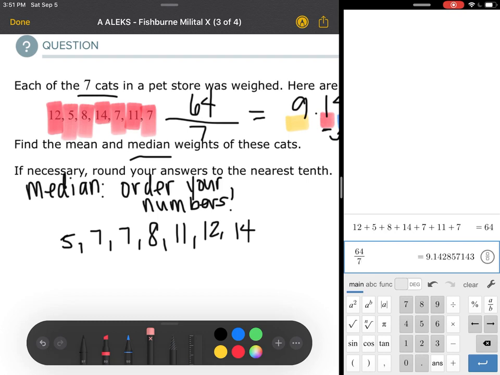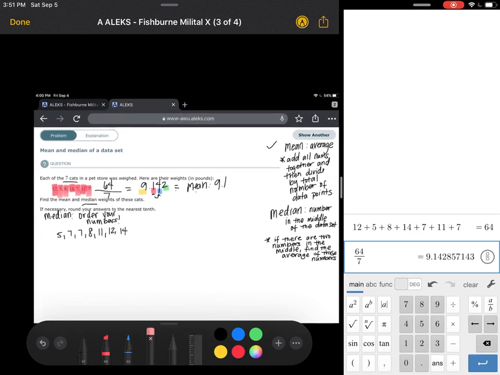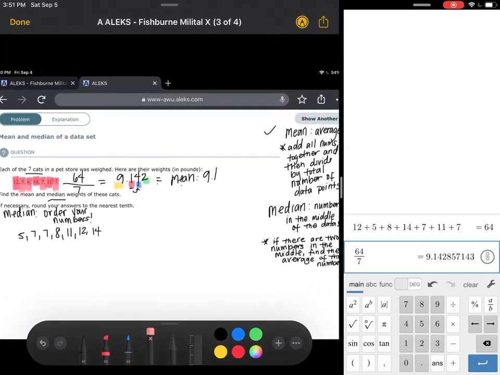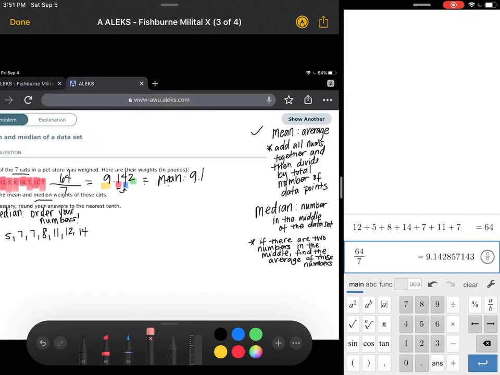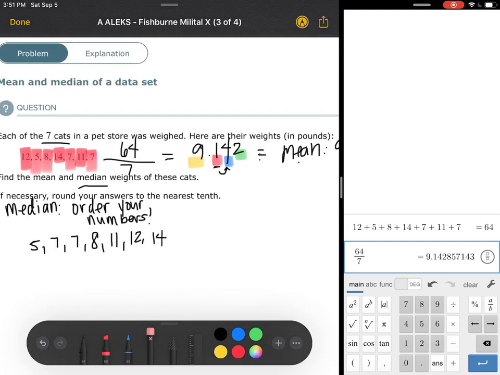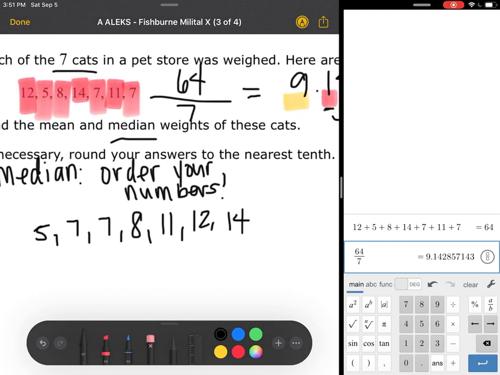So with that, I am now going to say, okay, which one is in the middle? Okay, so I look back, it says the number in the middle of the data set. So to do that, I'm going to highlight this again just so my numbers are still there. I'm going to cross, in quotes, cross out the 2 until I figure it out. So this is how I'm going to do it.